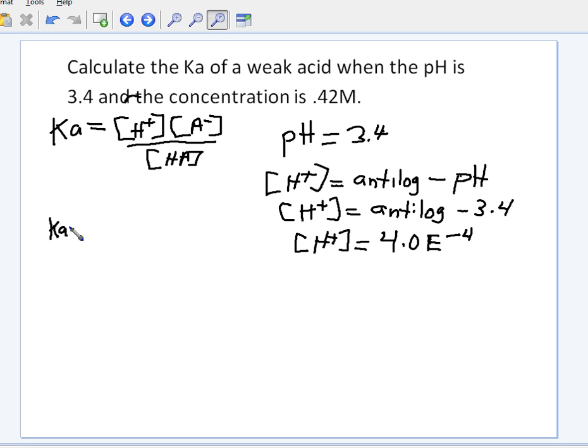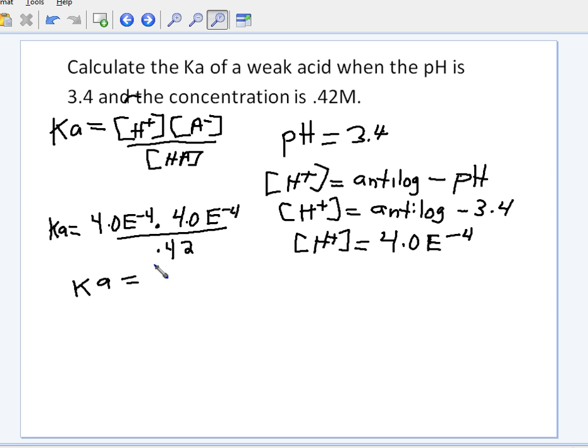So Ka is going to equal the H plus concentration, which is 4.0 e to the minus 4, times the anion concentration, which again is the same as the H plus, so it's just 4.0 e to the minus 4, and then you have to divide that by the concentration of the acid, which is 0.42, and that would give you Ka.